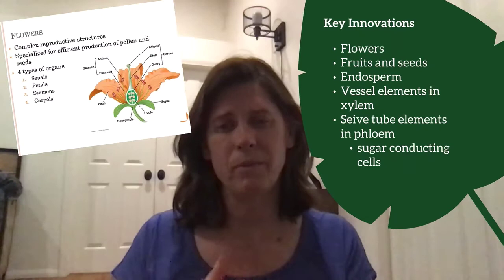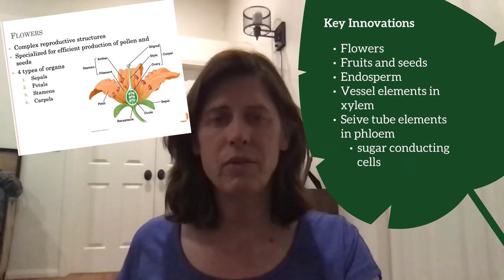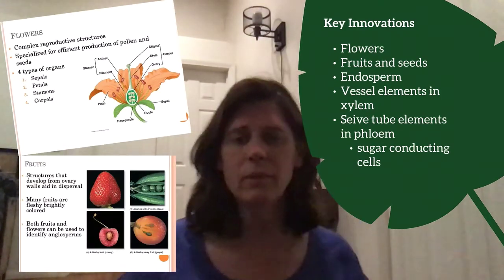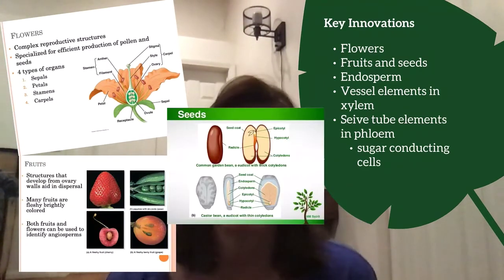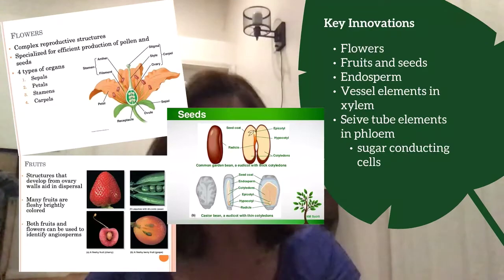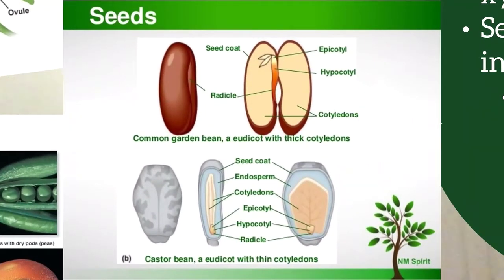It's pretty cool. The other key innovation of the flowering plants are both seeds and fruits. Right? So just like we saw before, once pollination occurs and allows for fertilization to occur, we're going to look at that a little more closely in a minute, then the seeds are produced, much like we saw earlier.